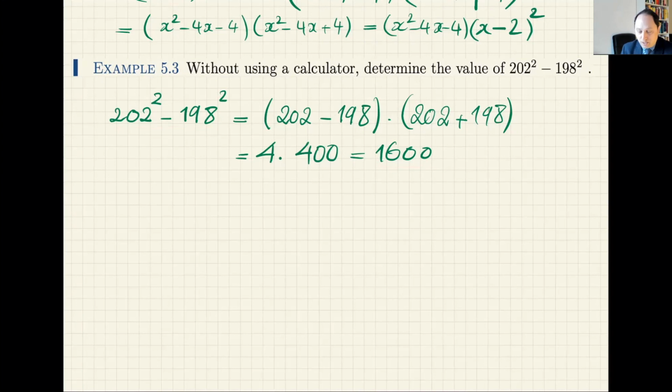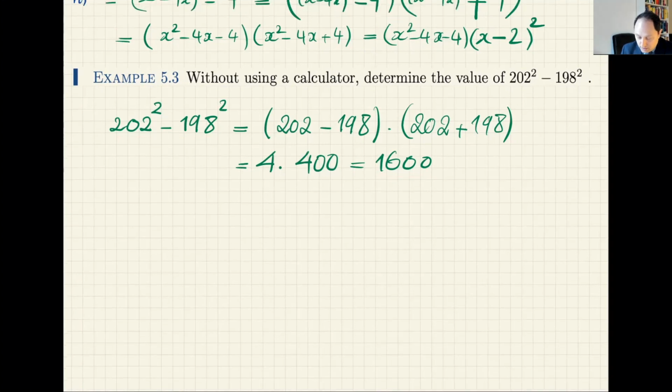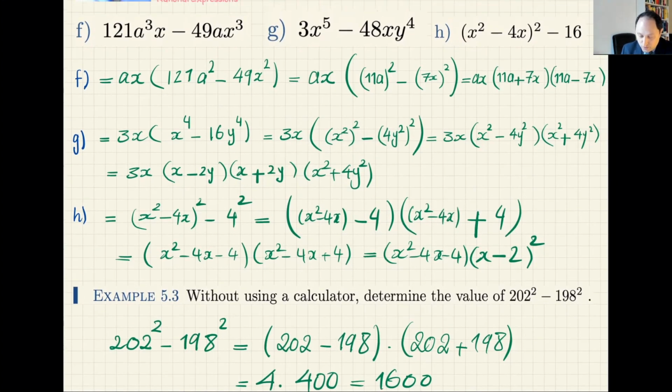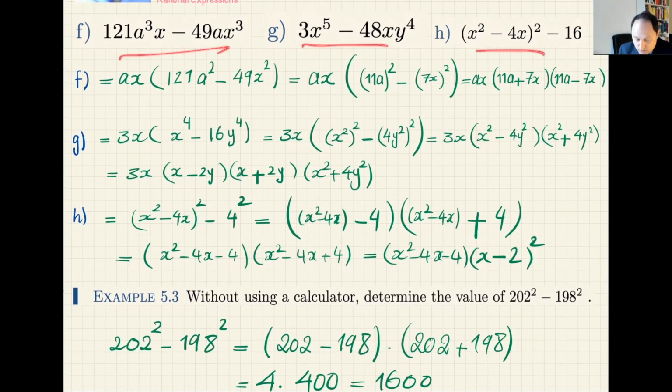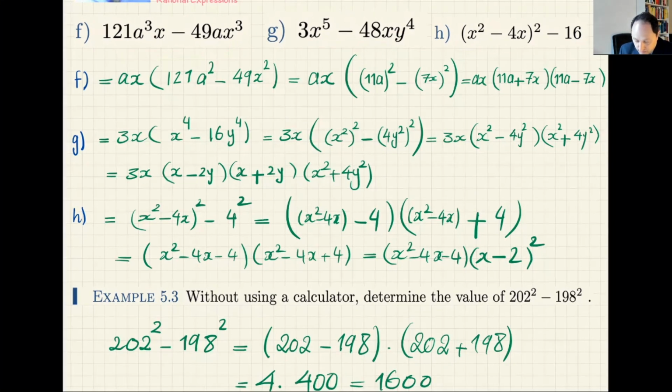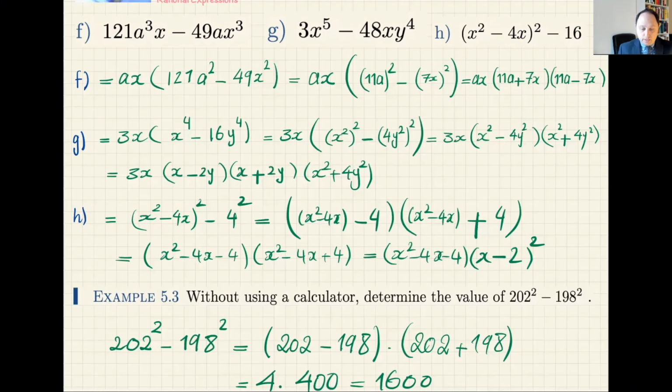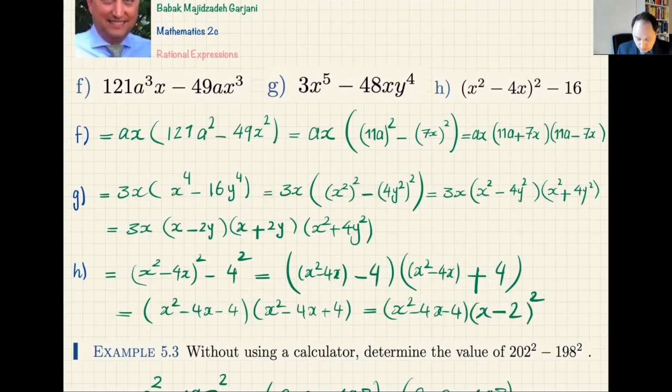But most of the time, when we have these kinds of numbers, we can use a calculator to calculate them. Of course, GeoGebra is also capable of giving you this factorized form. I think it would be a good idea to show you how we can use that.